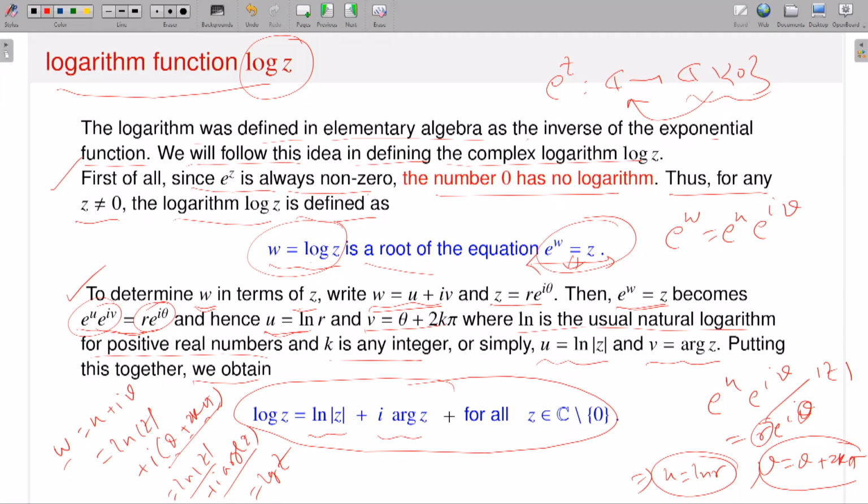Now from here you can easily conclude that small arg of z, as I already told you, maps a complex number z to a set of values. So these functions are actually multivalued functions. Therefore small log, which has a small arg, is also multivalued. Therefore, if I replace small arg by capital arg, I can make it single valued.